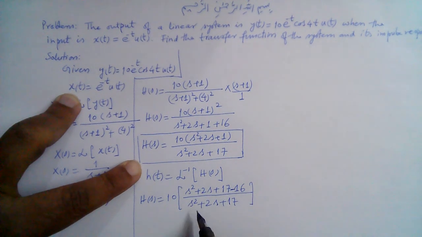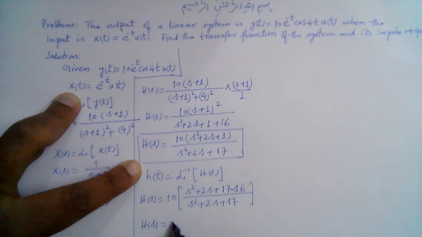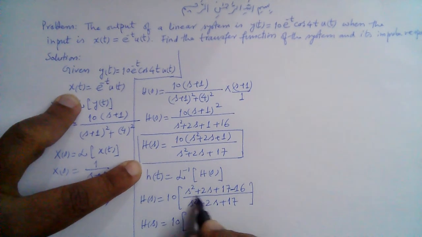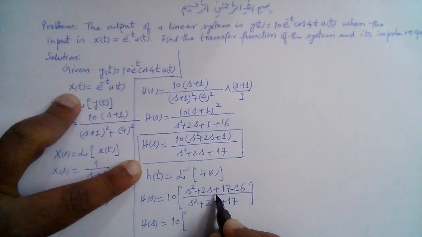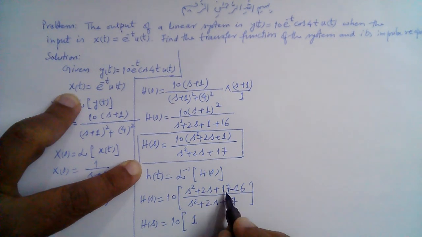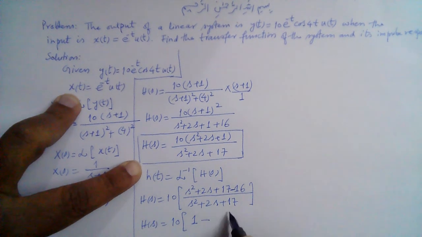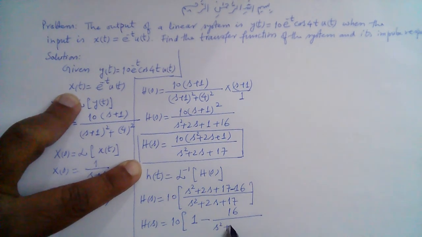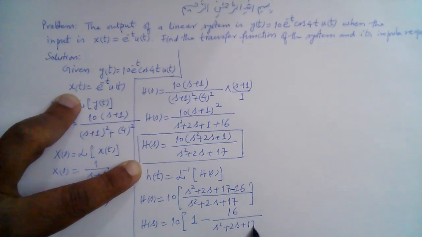So this can be written as h of s is equal to 10 times s square plus 2s plus 17 divided by s square plus 2s plus 17, which is 1, and then minus 16 divided by s square plus 2s plus 17, right?